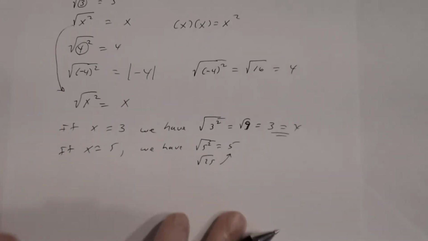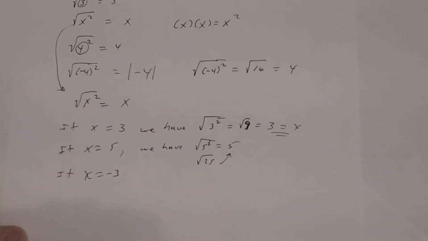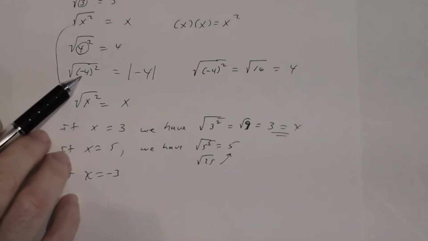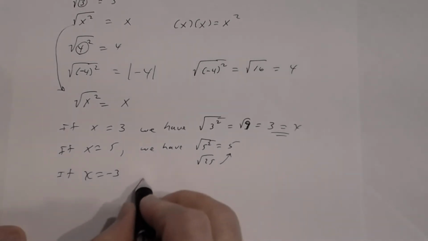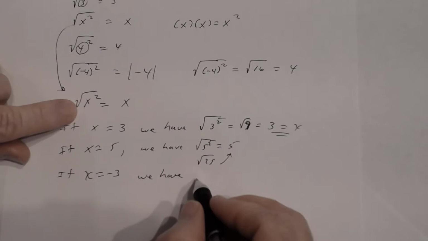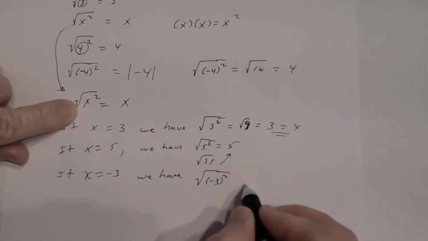For example, let's look at x equal -3. We looked at a sample of it right here where we had -4. So if x equals -3, in place of x I'm going to substitute -3, so I get the square root of -3 squared, right?